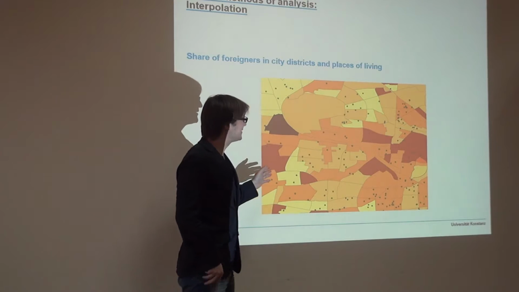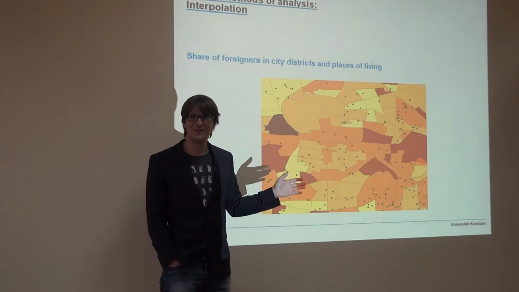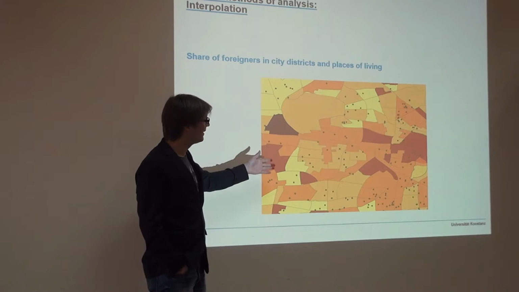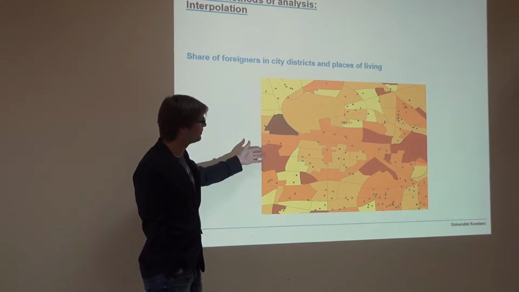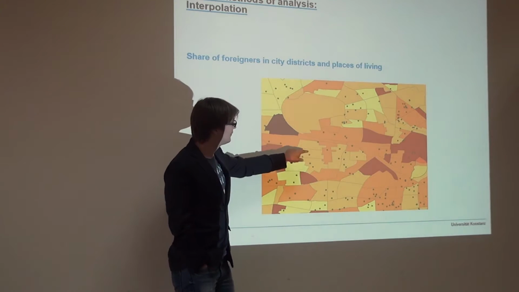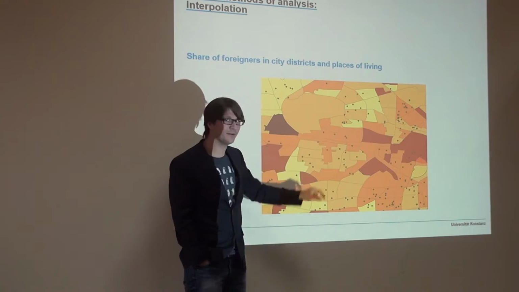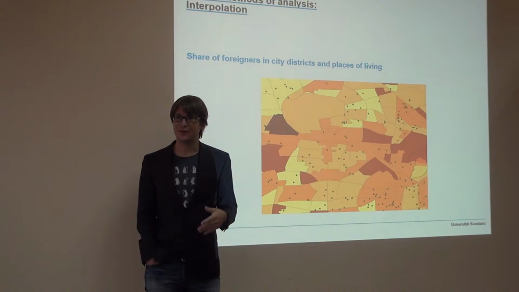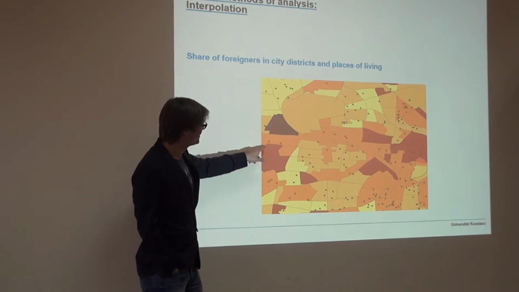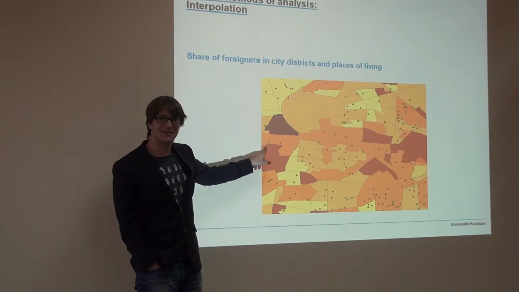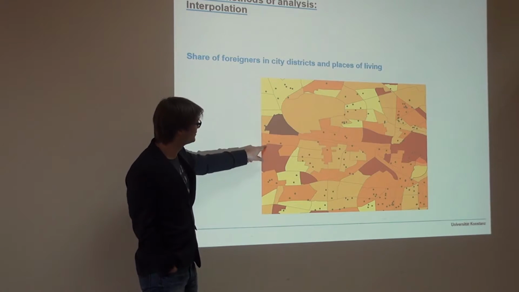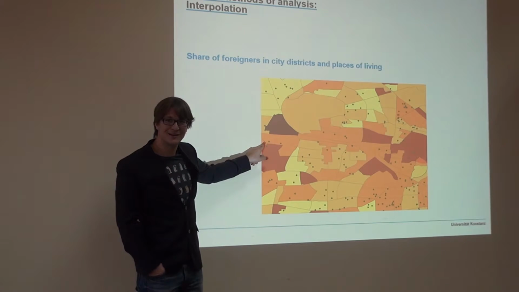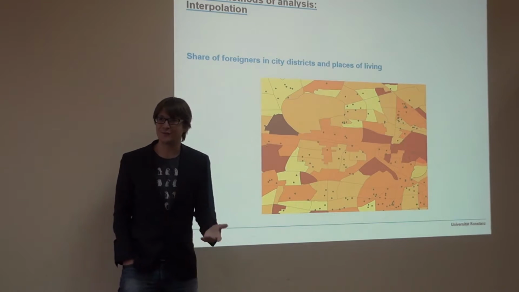So what can be problematic when you just calculate correlations between discrimination or the response rate and the share of foreigners? Of course, problematic can be that you have a lot of flats right on the border of the neighborhoods. So it can be pretty far-fetched to say this landlord discriminates because there's a very high share of foreigners, when 20 meters to the right-hand side there's a very different share of foreigners.